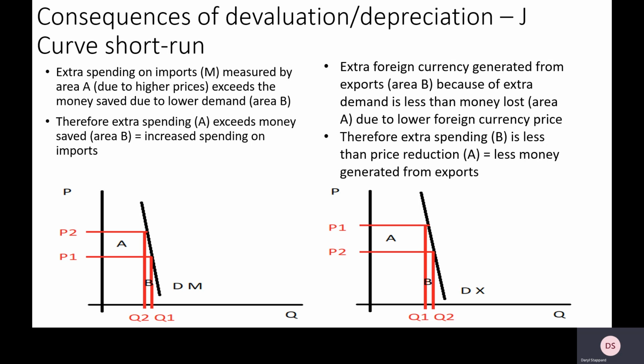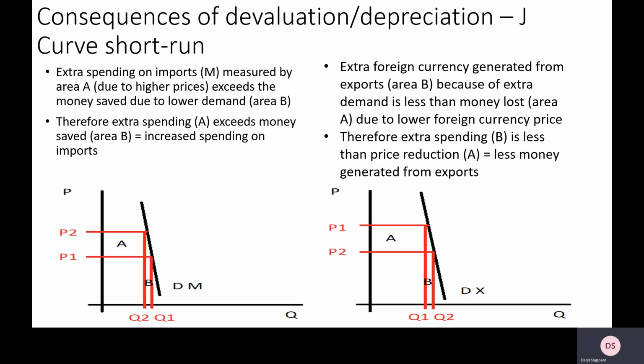In the first diagram, we have import demand, the demand for imports, and a price inelastic demand curve. Imports become more expensive, and the price grows from P1 to P2. It will contract our demand a little bit, but demand will not fall significantly. There has been a slight reduction in the volume of imports bought.